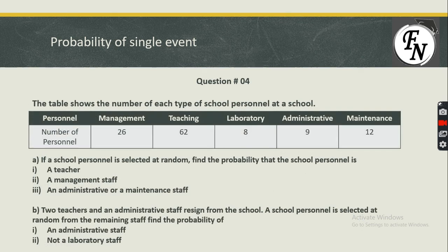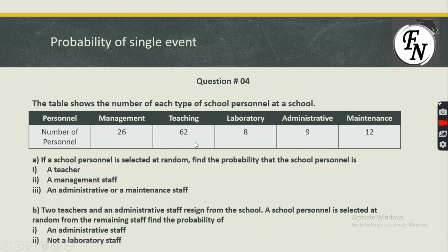This is a bigger question, but a simpler one. In this question we have a table, a school's data: the managing staff has 26 persons, the teaching staff has 62 persons, and then laboratory staff, admin staff and maintenance staff.